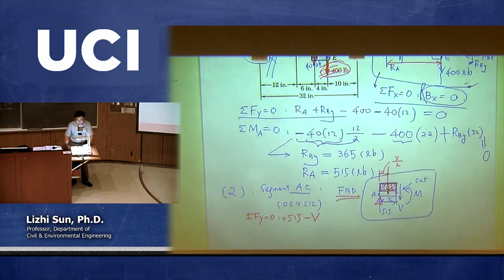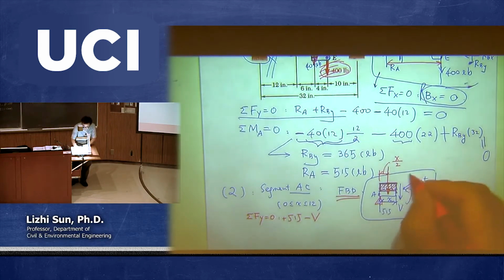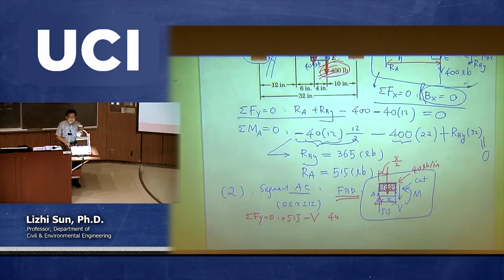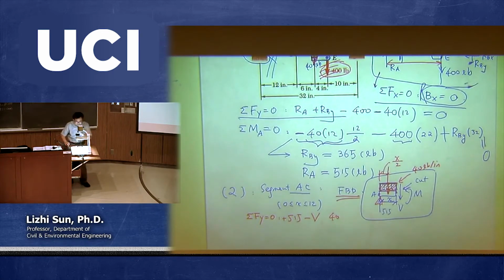What is the magnitude of this virtual concentrated load? That's going to be the intensity, which is still 40 pounds per inch, multiplied with the span of the uniform distributed load, in other words, the area, and that is X. So 40 times X is the magnitude because that's the area. This should be going down as well, so that's negative, and that's equal to 0.